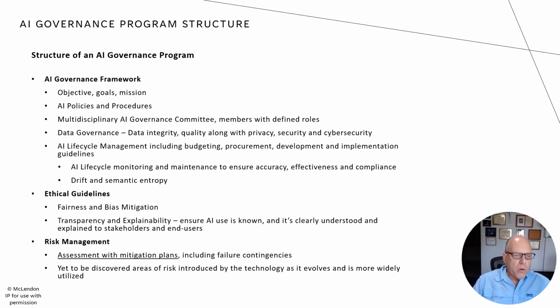There are ethical guidelines to put into a governance program: fairness and bias mitigation, transparency and explainability, ensuring AI use is known and understood clearly and explained to stakeholders and the end users.